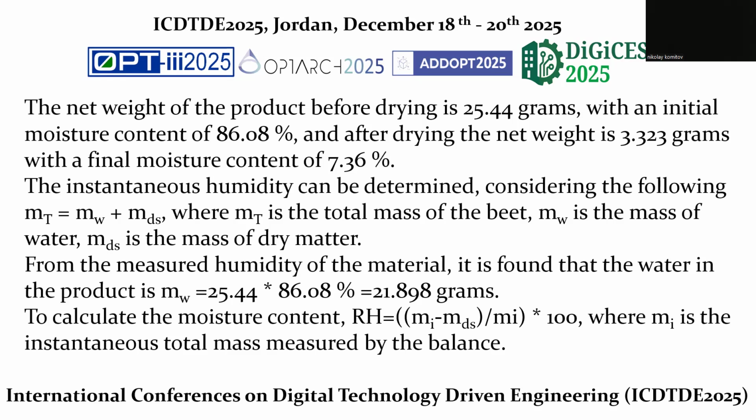From the measured humidity of the material, it is found that the water in the product is 21,898 grams. To calculate moisture content, we use MI, which is the instantaneous total mass measured by balance.